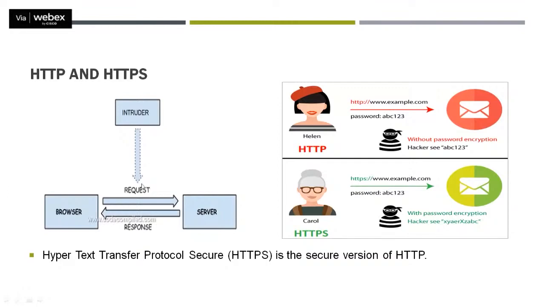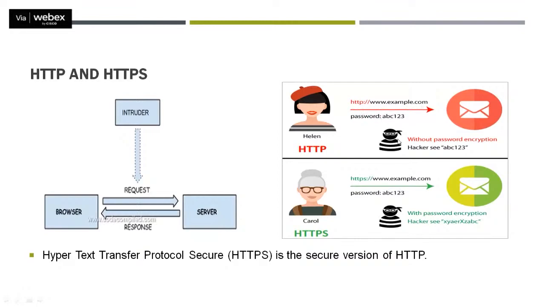So for that purpose, a secure version of HTTP was implemented that makes this communication encrypted. Take one example of this, Helen. Helen used HTTP when she sent a request to www.example.com along with her password.